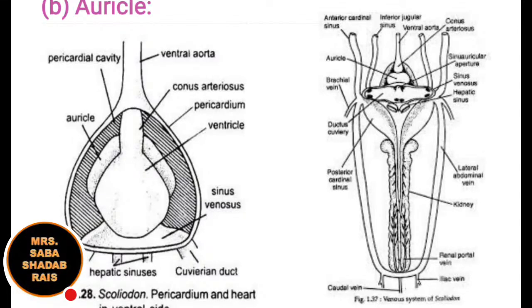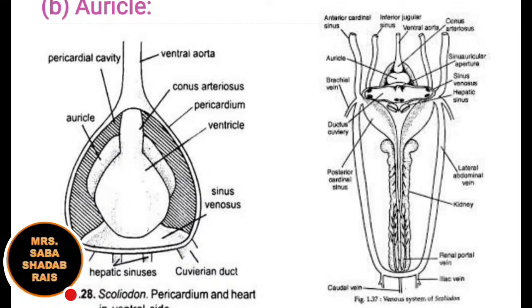And if we compare its position with the ventricle, it is present dorsal to the ventricle. So how are you going to explain its position? It is present in front of the sinus venosus, and it is present dorsal to the ventricle.